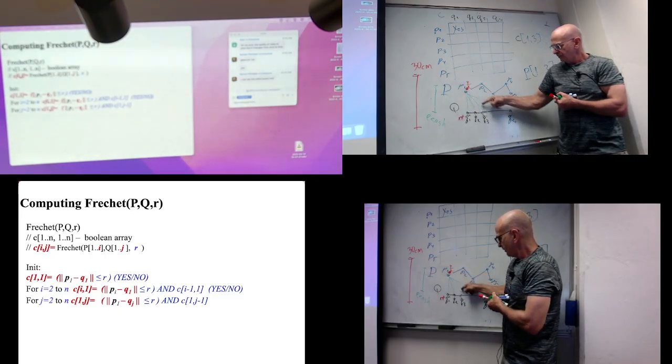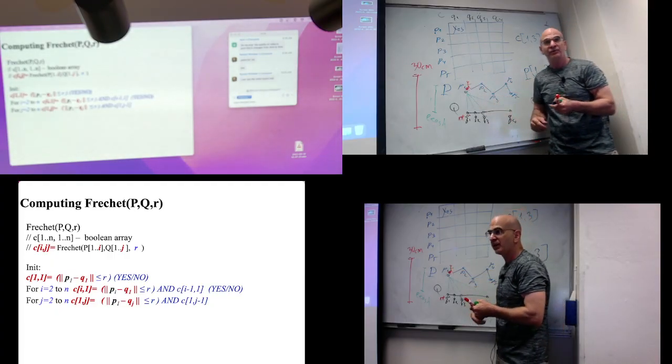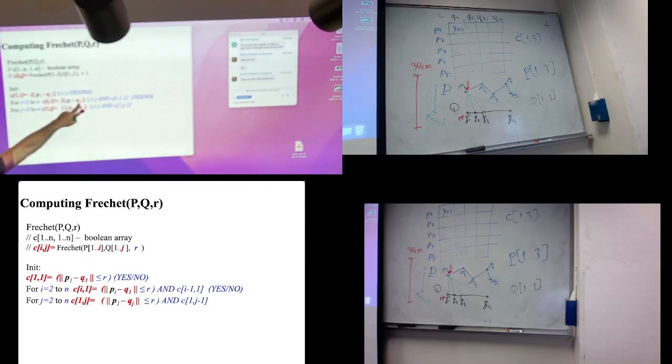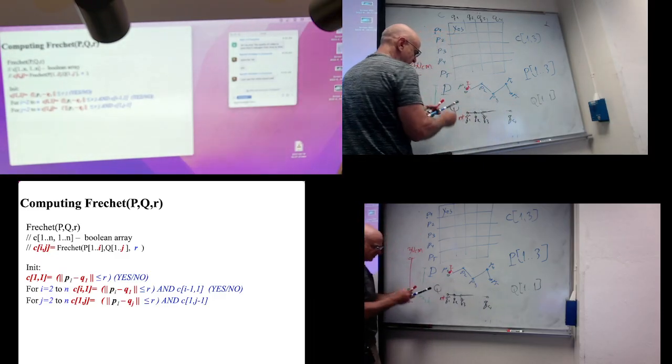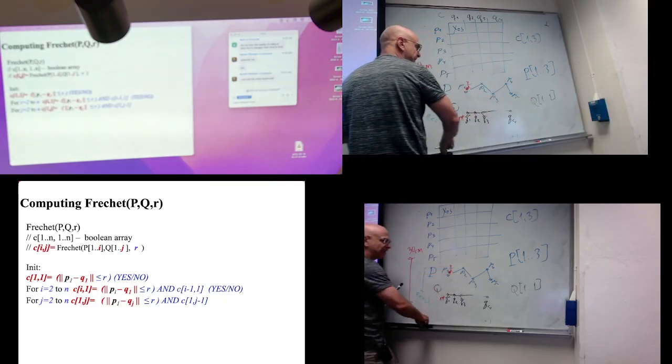So in particular, a necessary but not sufficient condition is that the distance from P1 to Q3 is at most R. I'm sorry, I got it wrong. The dog that is stuck to Q1, and I'm looking at P3,1.